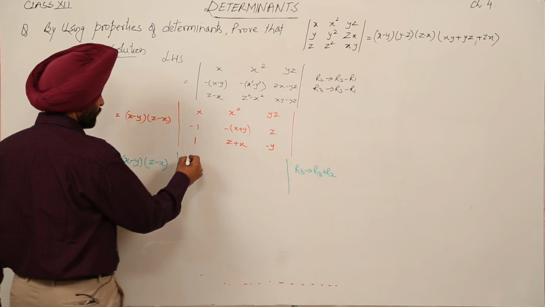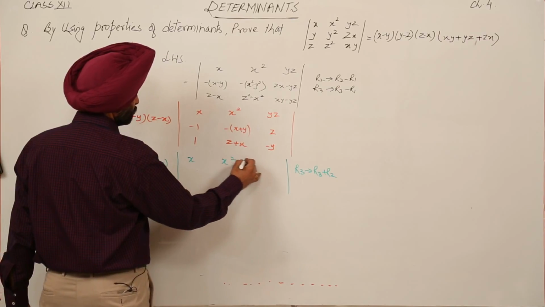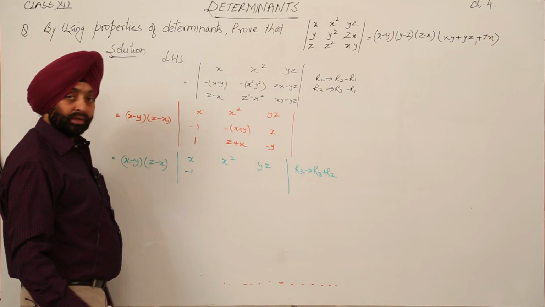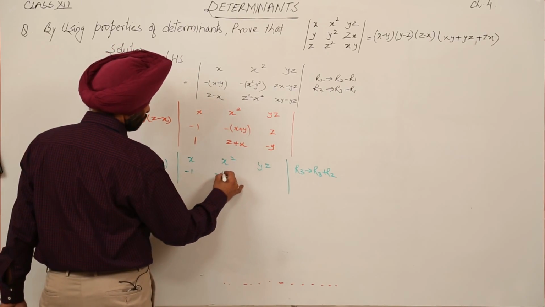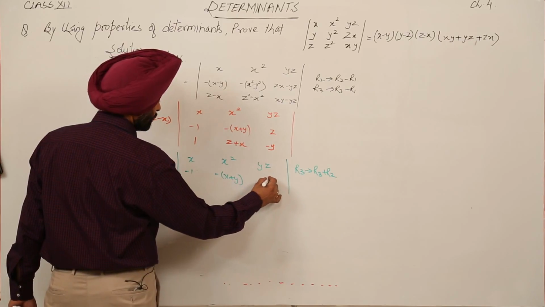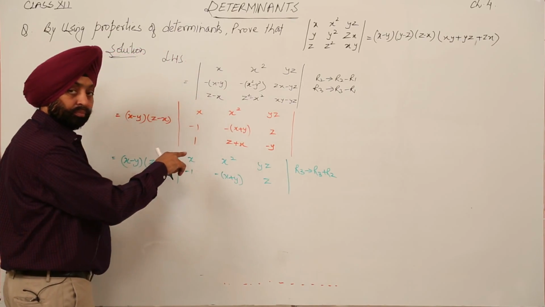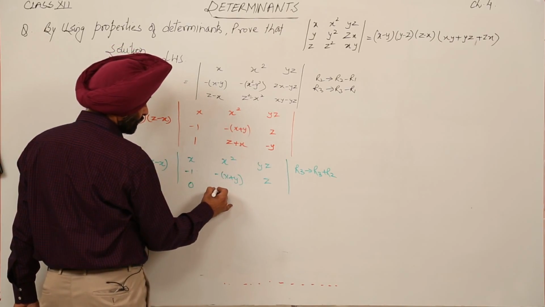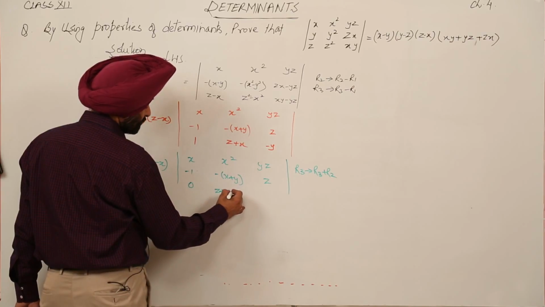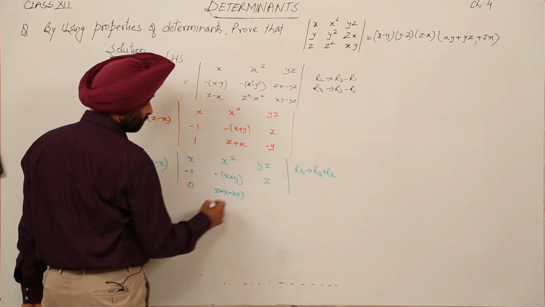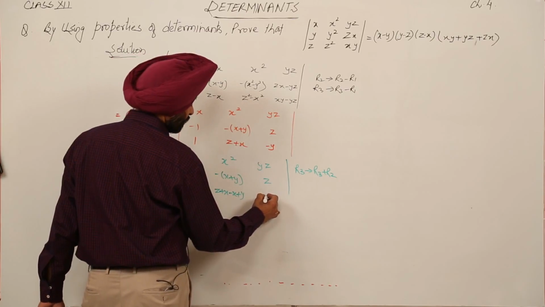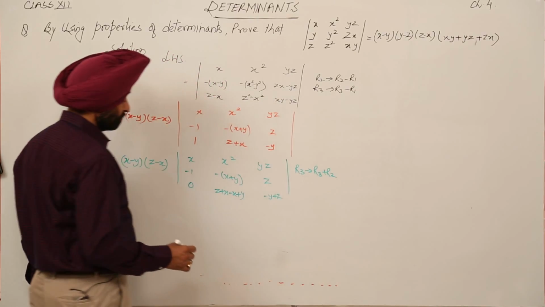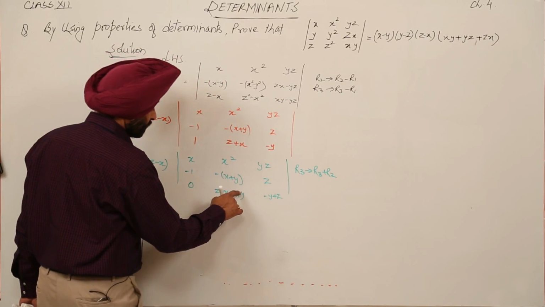Okay, so we are having x, x square, yz, minus 1, because I am going to change only row 3, minus 1, minus of x plus y, then z as it is. Now 1 plus minus 1, that is 0. Now z minus x plus this one, we are having z plus x minus x plus y, and here we are having minus y plus z.